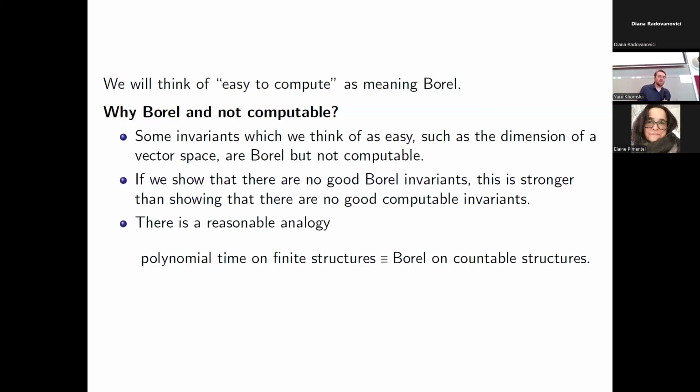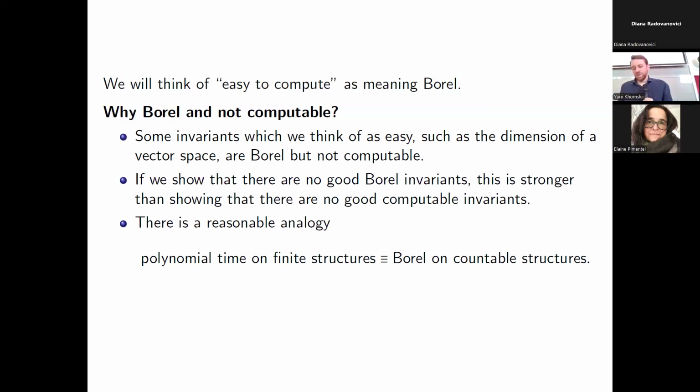And the last thing is, if you're working with finite structures, then polynomial time is maybe the clear thing to use. And then you might say, okay, if I'm dealing with countable structures, what do I want to think of as the analogous thing? And there's reasons to say maybe it's not actually being computable. Maybe it's actually something like being Borel, or maybe just arithmetic.